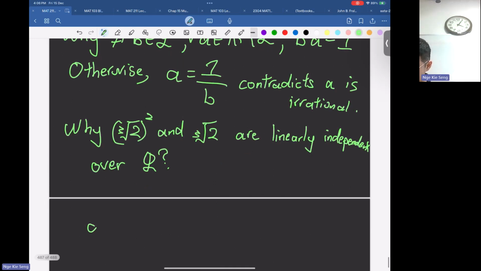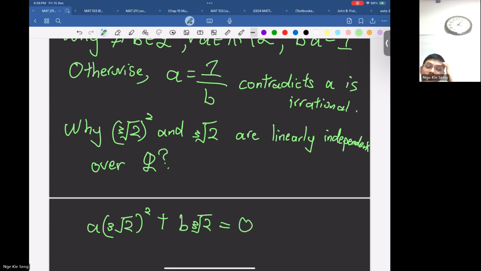If A times cube root 2 squared plus B times cube root 2 equals 0, you cancel one cube root 2.